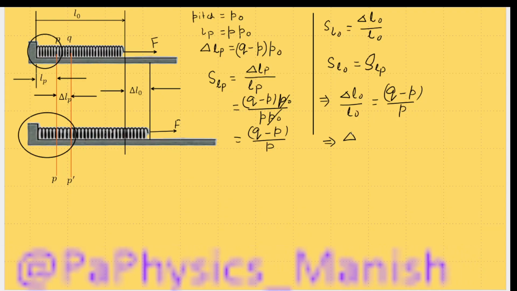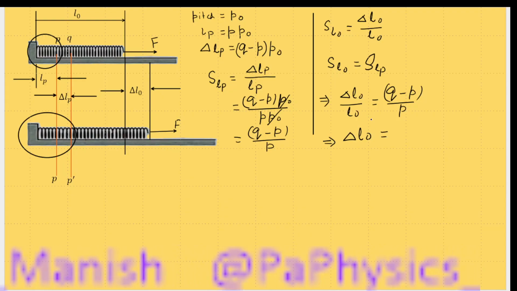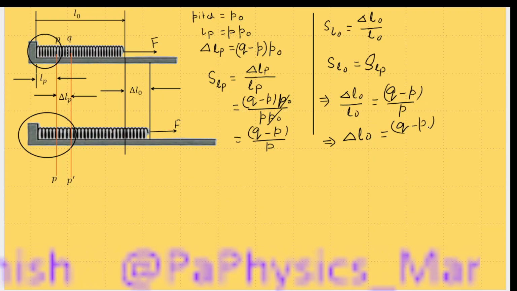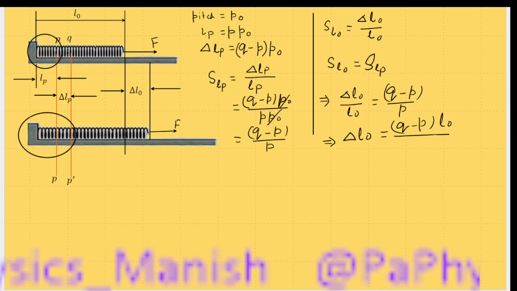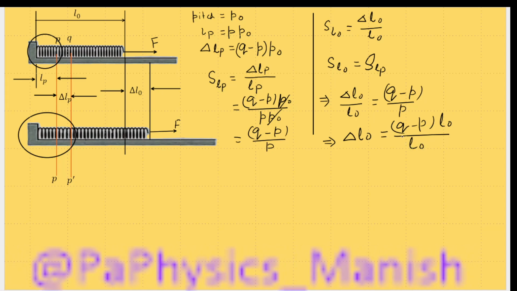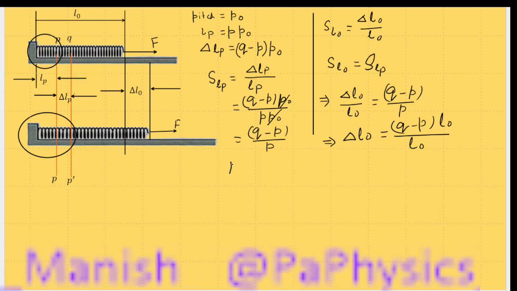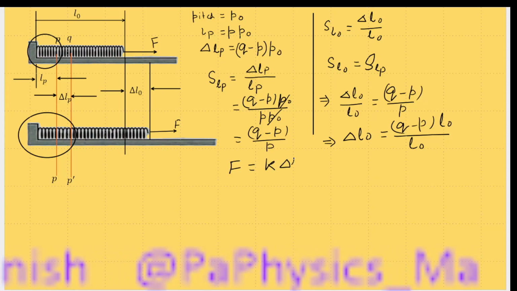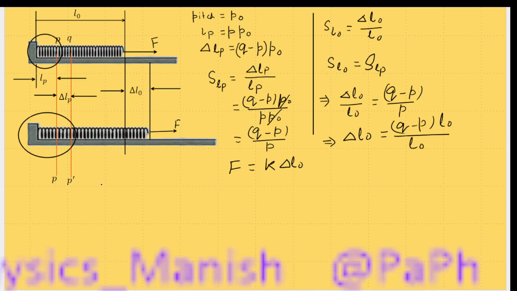So delta L naught, the change in length of the entire spring, will be Q minus P by P into L naught. From Hooke's law, we know that force will be equal to K delta L naught when the force is in equilibrium with the spring.